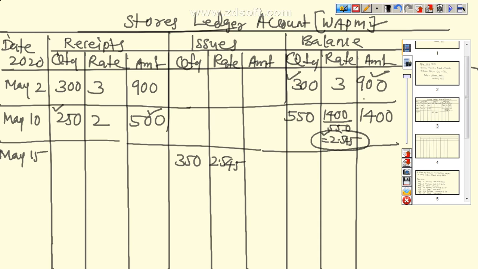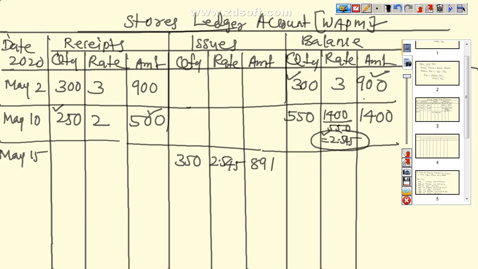So the entire 350 units are issued on the basis of 2.545, which is equal to 890.75. We can round it off to 891.